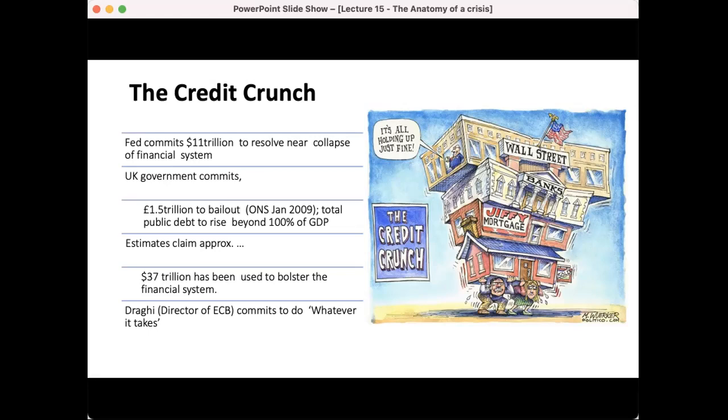The next statement is that 37 trillion probably pales into insignificance because Mario Draghi takes over the directorship of the European Central Bank and commits to do whatever it takes. In other words, the European Central Bank commits to spend or to make provisions available, whatever is required in order to stabilize and refloat the economy.